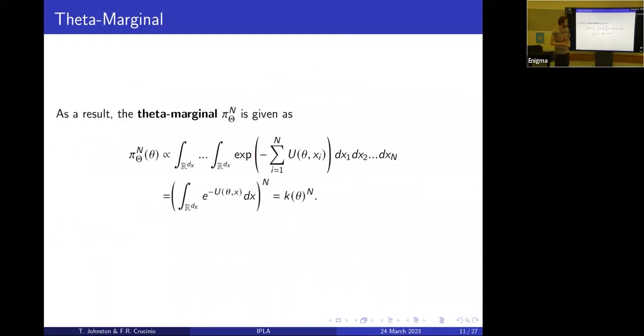This is the kind of thing with this simulated annealing idea. To get the theta marginal here, we integrate over all of these xi components. And since we have the sum in the exponential, we can split this into e to the minus u of theta, x1 times e to the minus u of theta, x2, etc. So we can split the integral into the product of just one integral to the power n. And what is this integral?